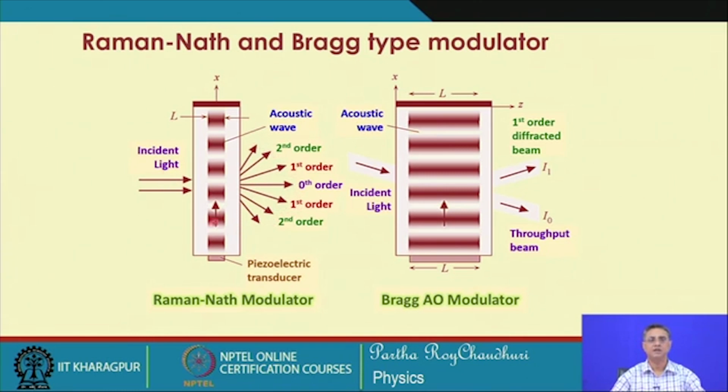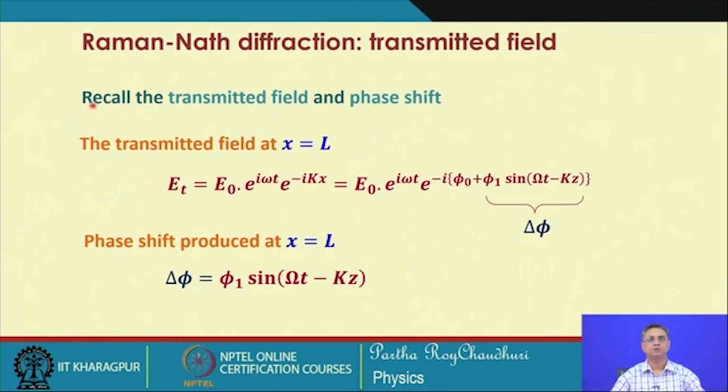So, designing a modulator with this requires care; we will see that there will be two possibilities. Let us remember that the transmitted field is given by this, because these are the quantities which we will now require.